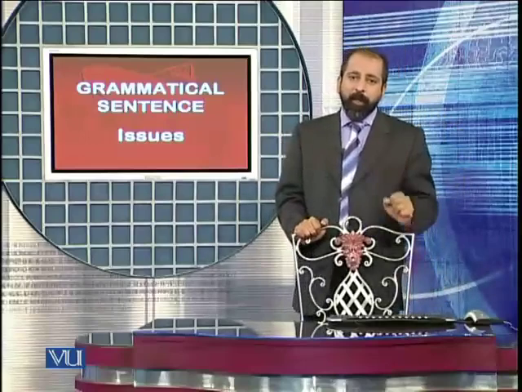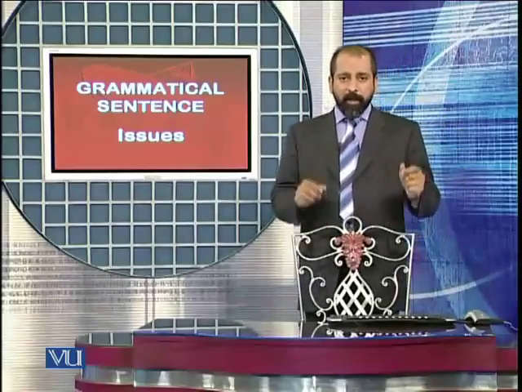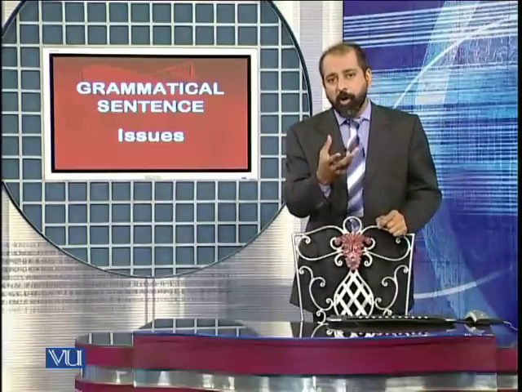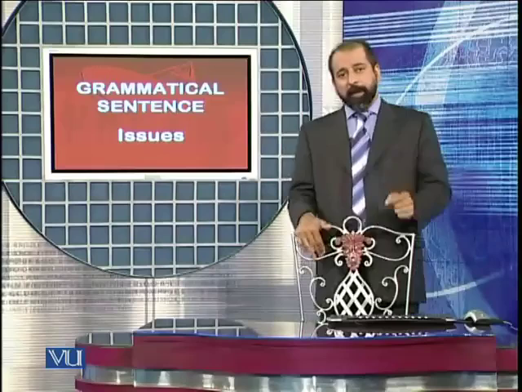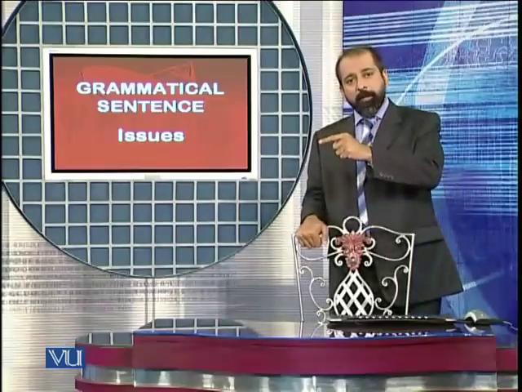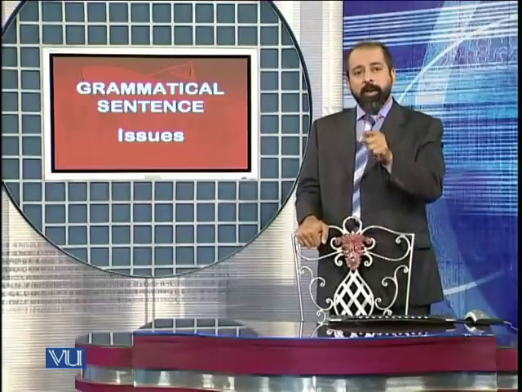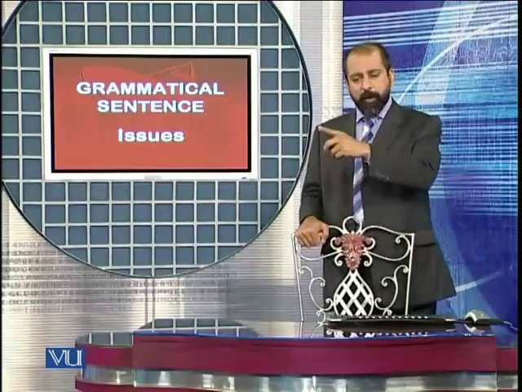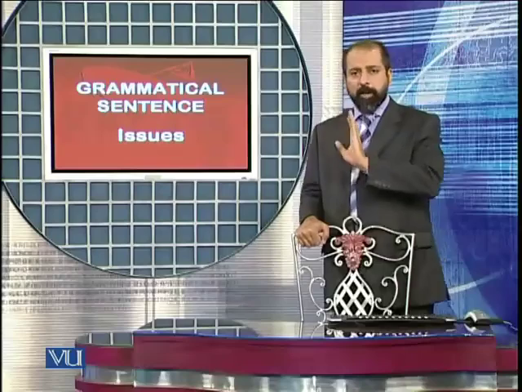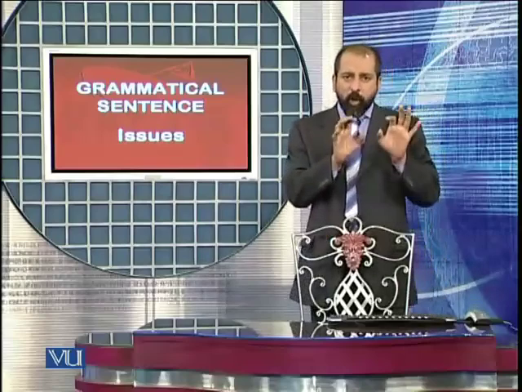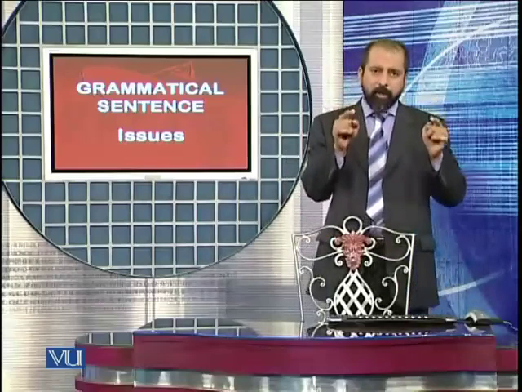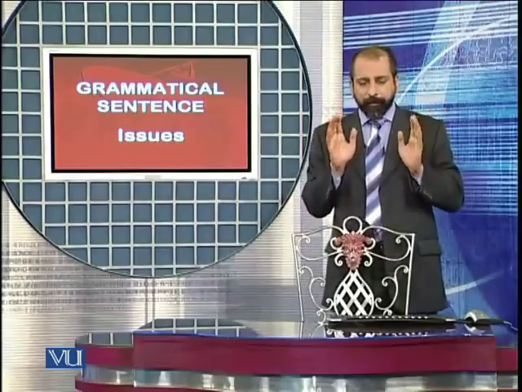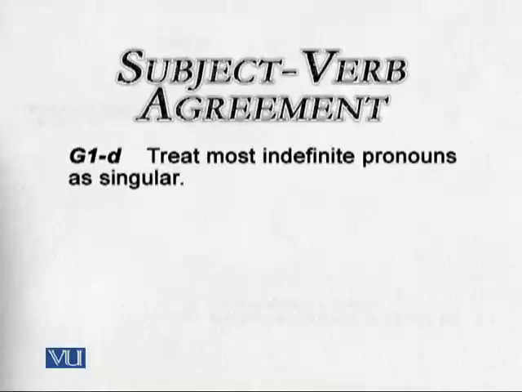But if there is a compound subject connected with the help of or, nor, then what? Then the verb will be according to the nearest subject. If it's singular, verb singular, plural, verb plural. And please keep in mind, or and nor mean one out of these.